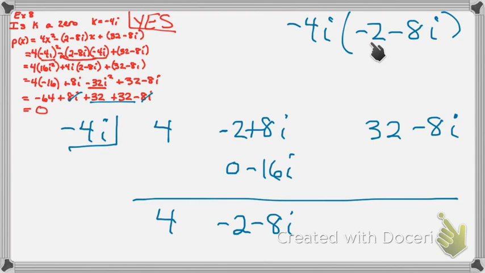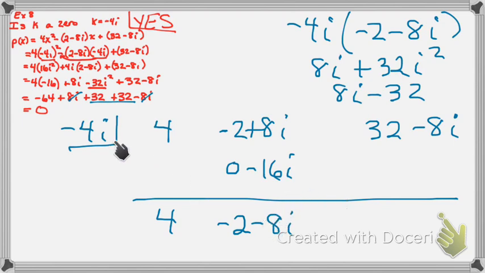Negative times a negative is a positive, so it's a positive 8I. And now I'm going to take negative 4I times negative 8I, which is positive 32I squared. And I squared is really a negative 1, so I end up with 8I minus 32.